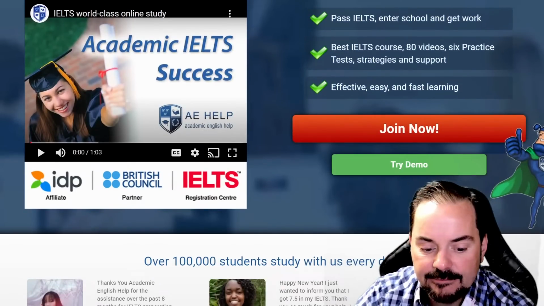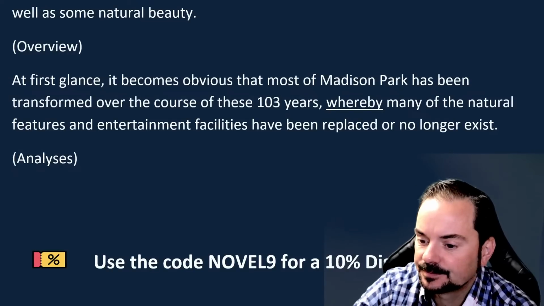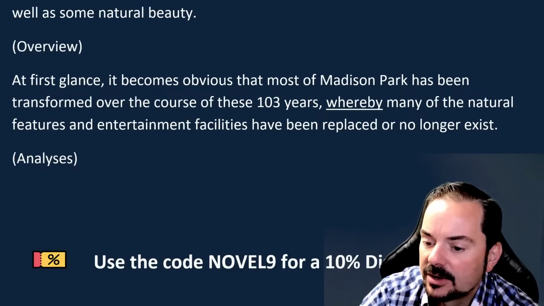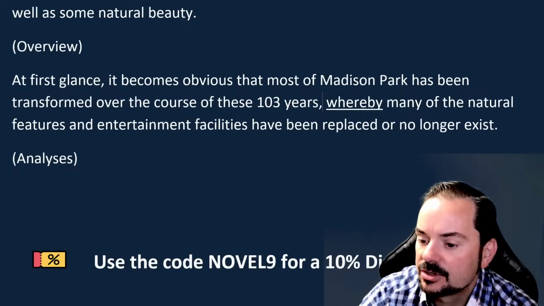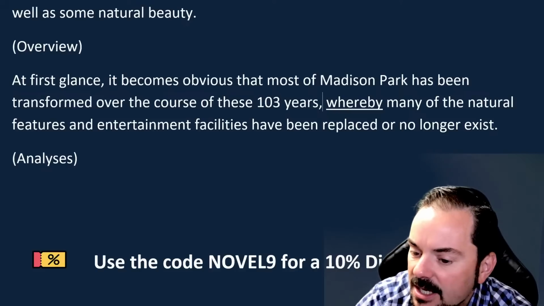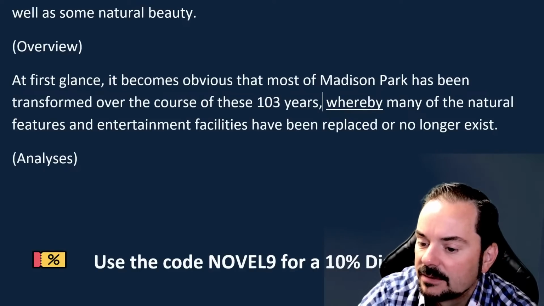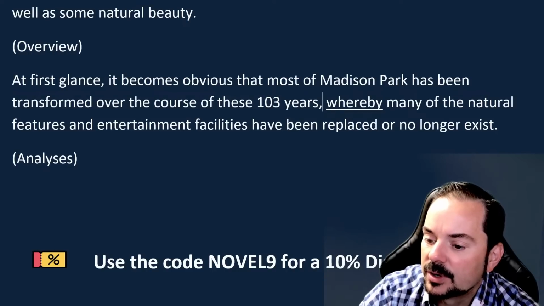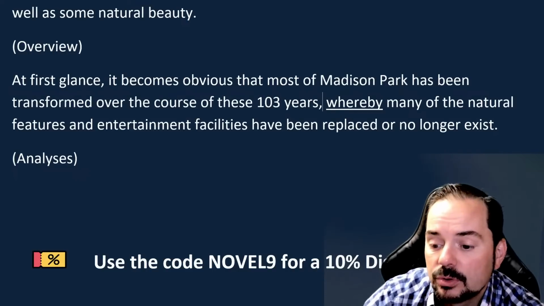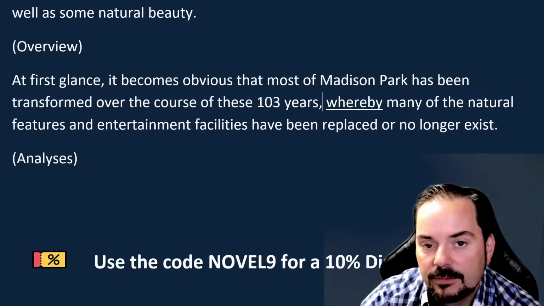Domenico writes, at first glance, it can be seen from the 2 diagrams that apart from the 2 entrances, most of Madison Park has undergone drastic changes over the course of the 103 years, whereby many of the areas of greenery have been replaced with some concrete structures. We don't know that, Domenico. We don't know if they're concrete structures.